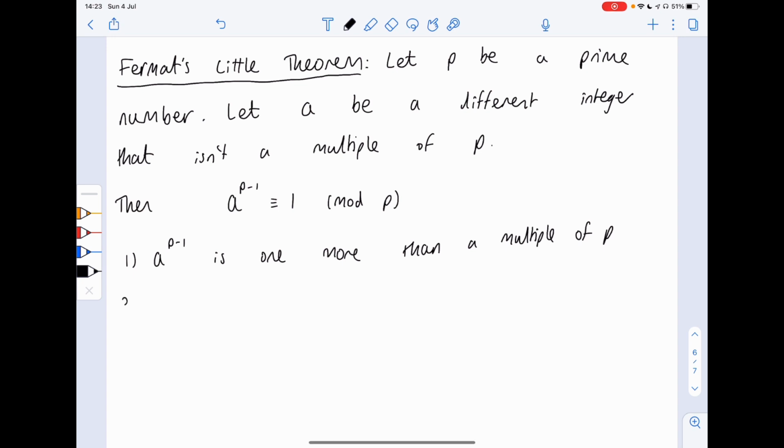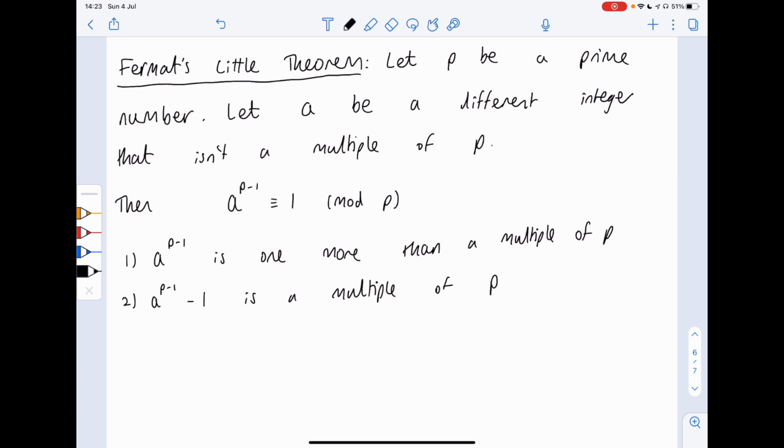And then a different way of thinking about it is a to the power of p minus 1, minus 1, is a multiple of p. So remember, these were the two different definitions we gave of what this congruence or modular arithmetic means.